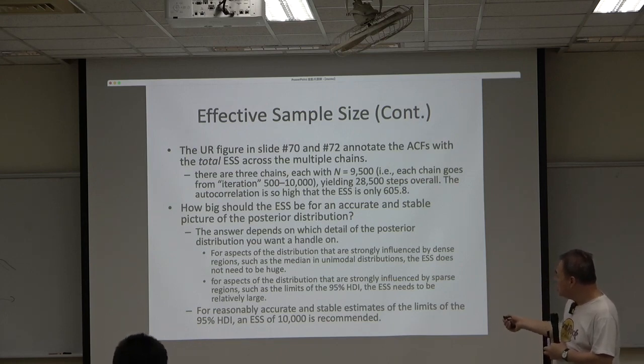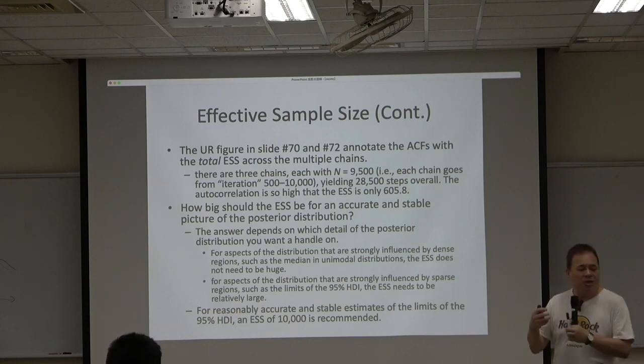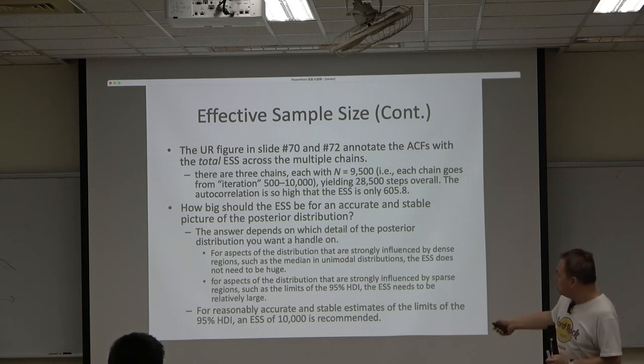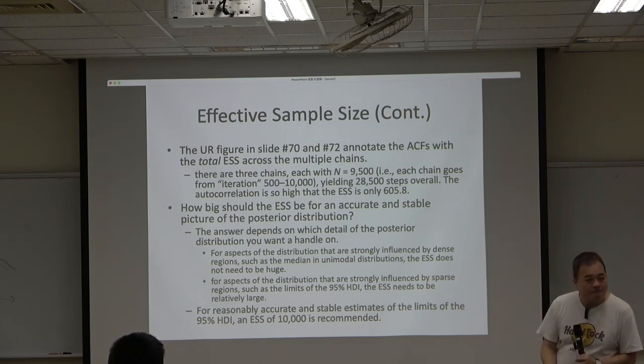So how big should the ESS be for accurate and stable results? By the way, I forgot to mention, the higher the ESS, the better, the more accurate and stable a picture of the posterior distribution you can obtain.